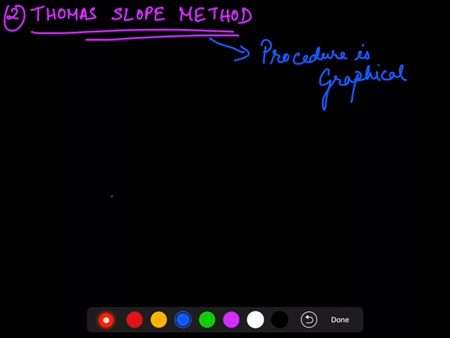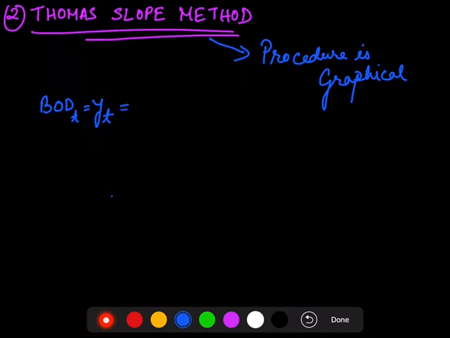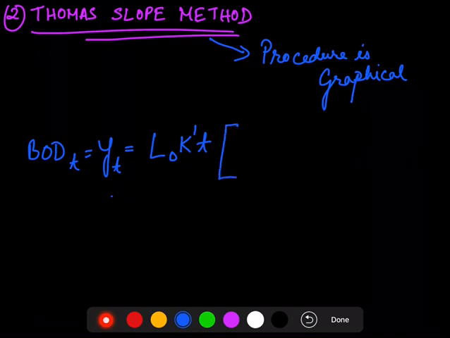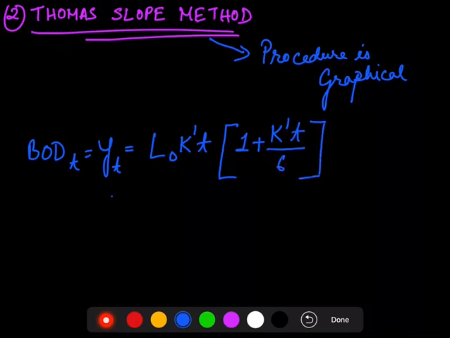The formula is given as BOD for time equal to t days, also represented as yt, equals L naught multiplied by K dash t, multiplied by 1 plus K dash t divided by 6 to the power of minus 3.